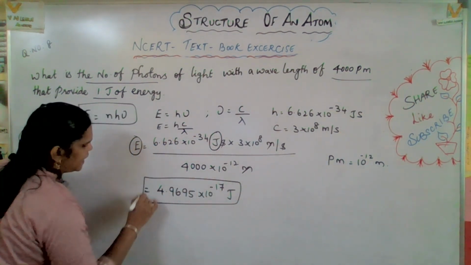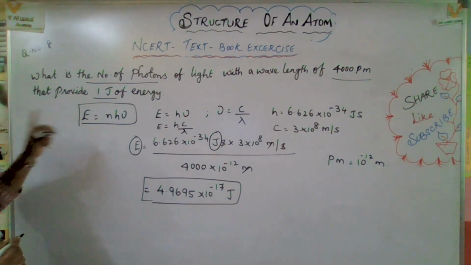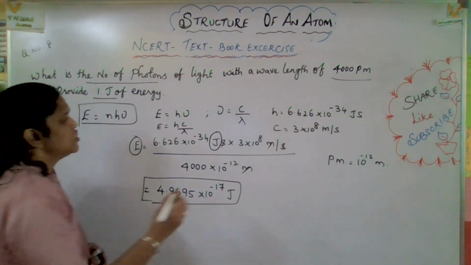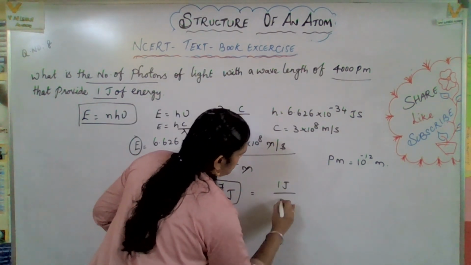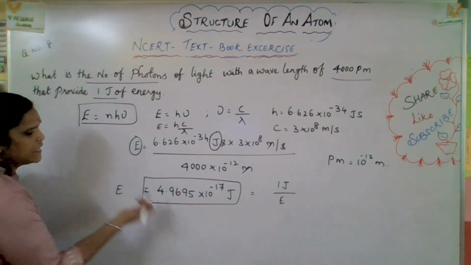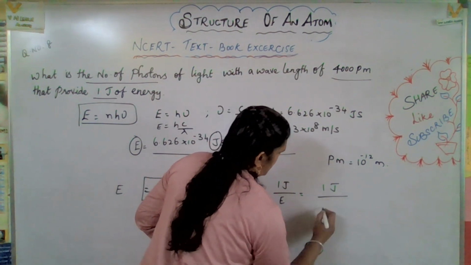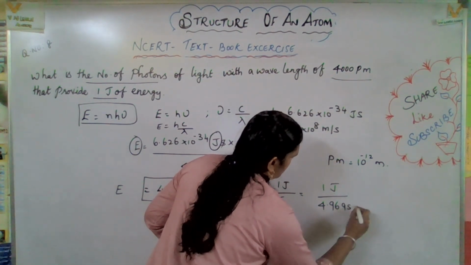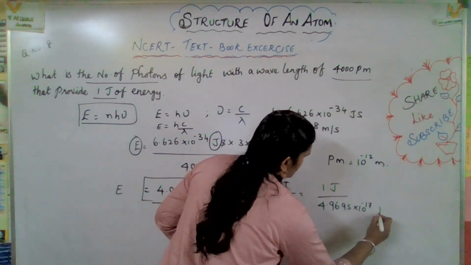Now you have to find the number of photons. They did not provide the number of photons, but they have provided 1 joule of energy. So 1 joule divided by the E value you got here, 4.9695 into 10 to the power of minus 17 joule.